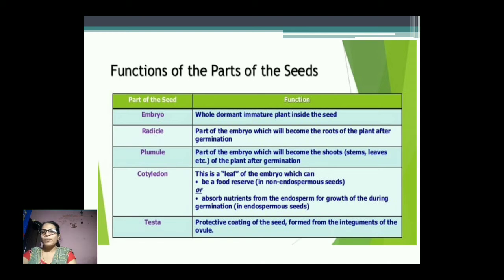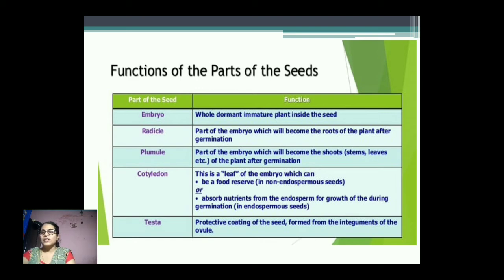Then functions of the parts of seed. What kind of functions take place in each part of the seed? First one, embryo. Embryo gives rise to the total plant. Then radicle. Radicle gives the root, the part of the embryo which will become the roots of the plant after germination. Plumule. The part of the embryo which will become the shoot, stem and leaves of the plant after germination.